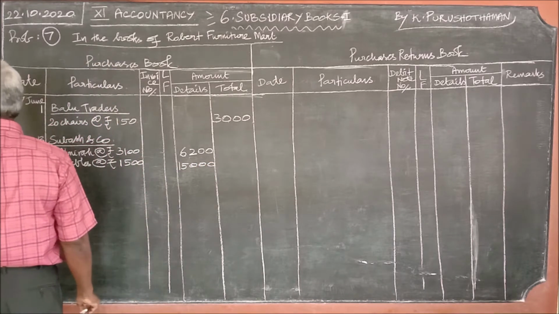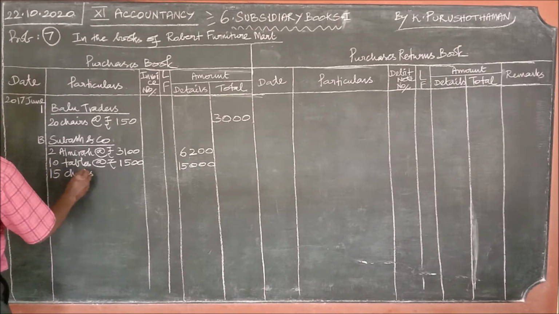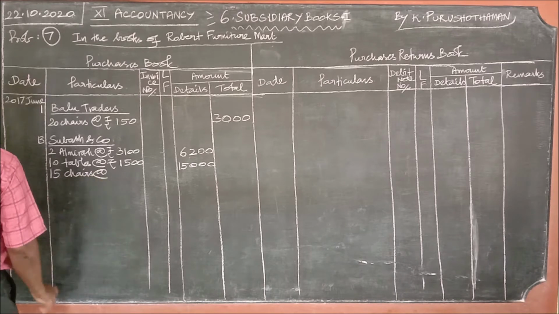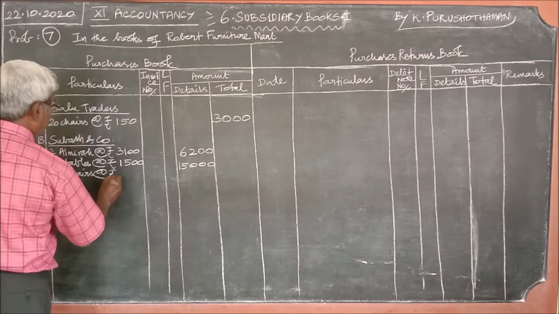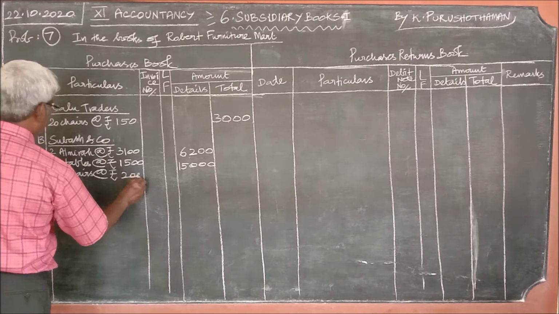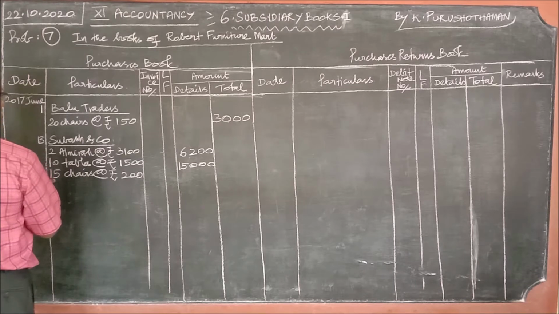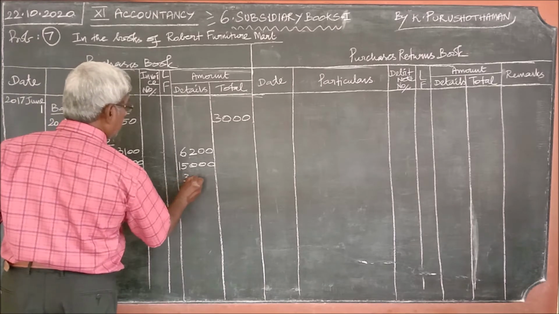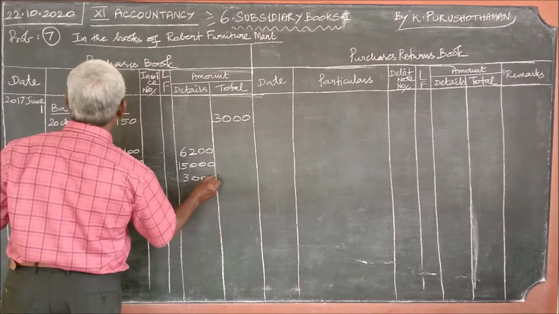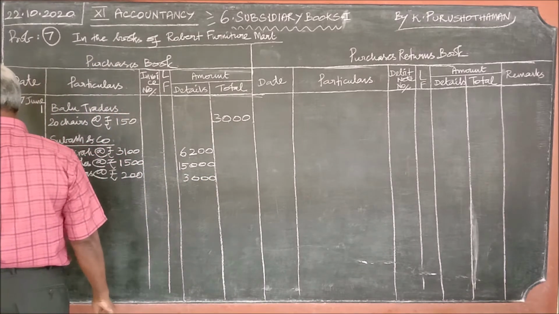Then the third item, 15 chairs at the rate of rupees 200 each. 2 into 15, 30, two more zeros.